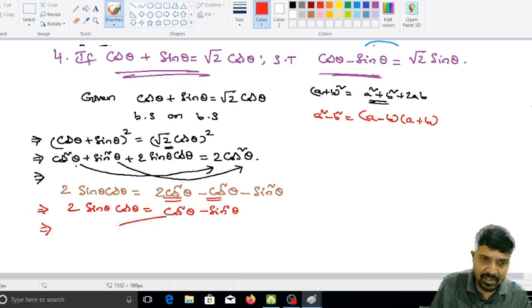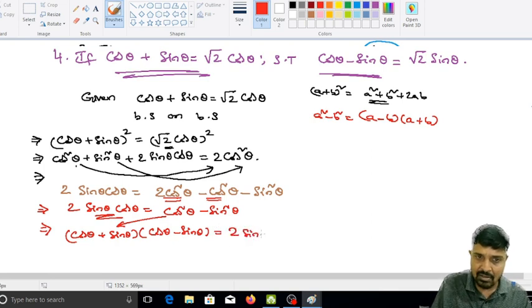I am writing this one as cos theta plus sin theta times cos theta minus sin theta is equal to, this is as it is, 2 sin theta cos theta. Okay, now look at the problem. What is the value of cos theta plus sin theta?